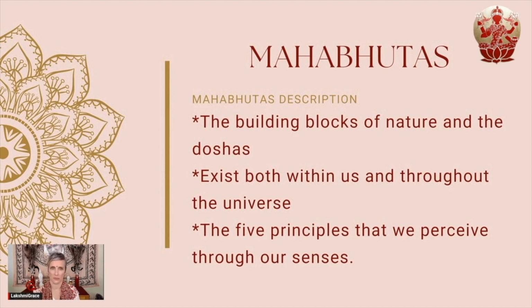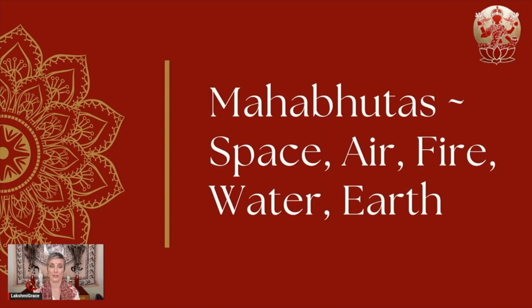So all things physical. The 5 elements exist both within us and in the world around us. And these 5 principles make up everything that we perceive through our senses. And the 5 elements are space, air, fire, water, and earth.